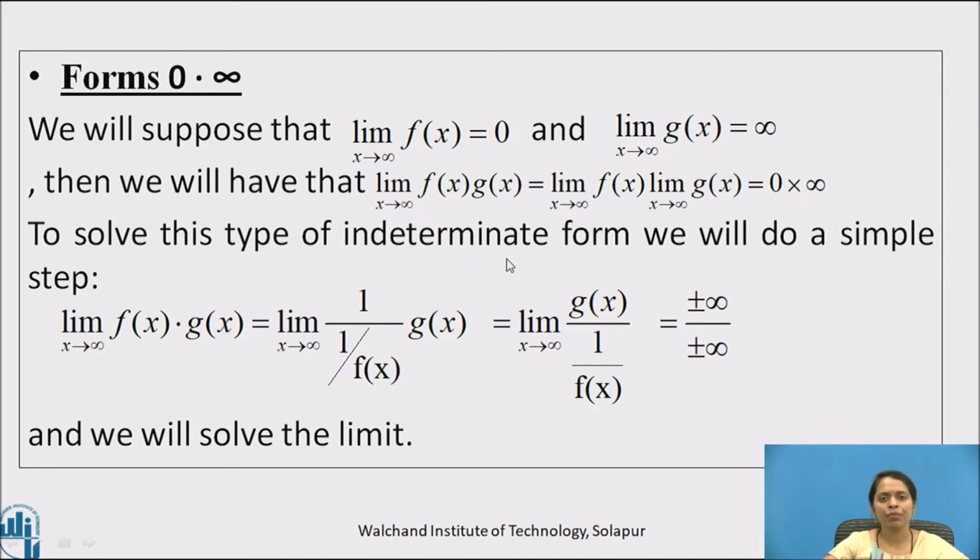To solve this type of indeterminate form, we do a simple step: limit x tends to infinity f of x into g of x is equal to limit x tends to infinity 1 upon 1 by f of x into g of x, which is equal to limit x tends to infinity g of x divided by 1 upon f of x, which is equal to plus or minus infinity divided by plus or minus infinity. And we will solve the limit.